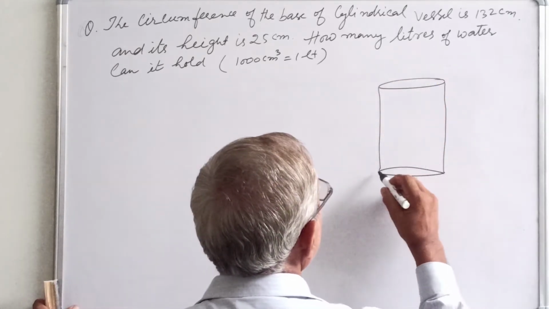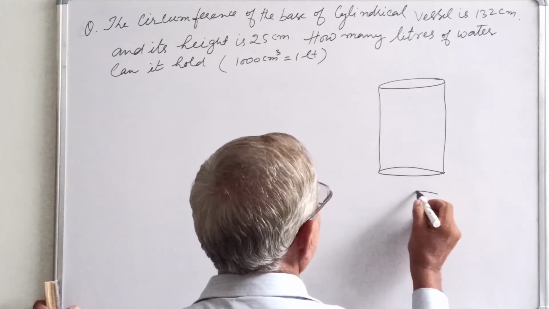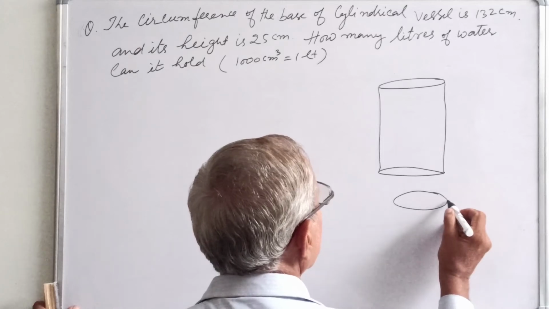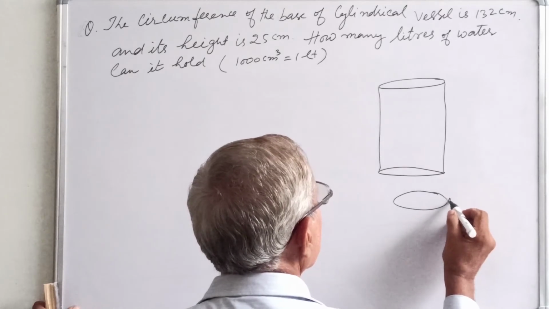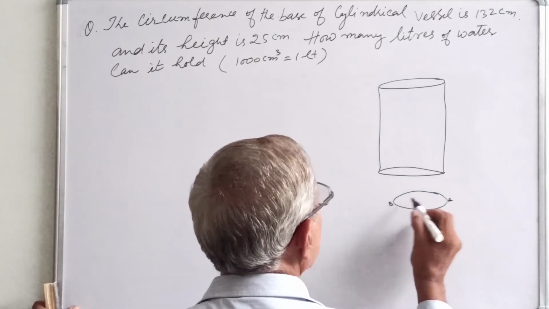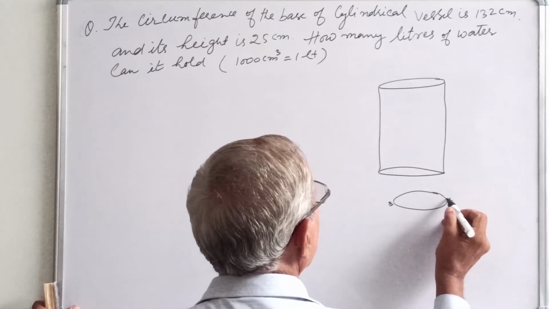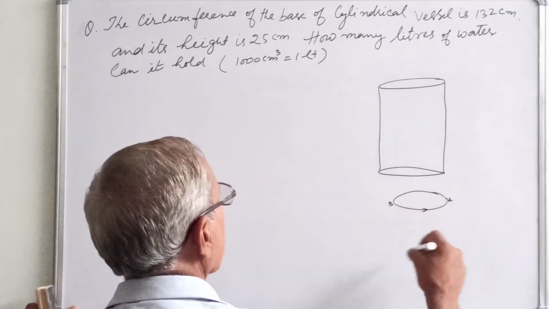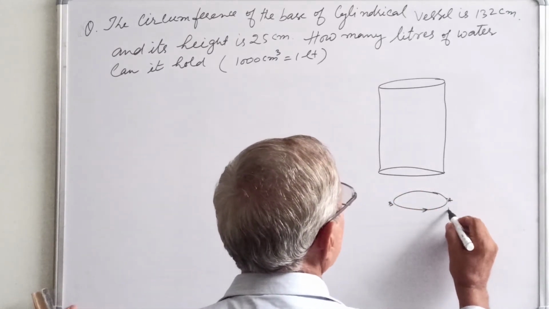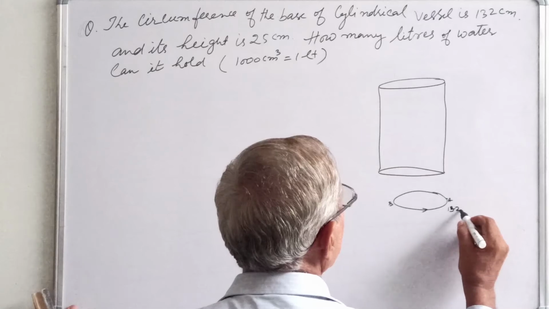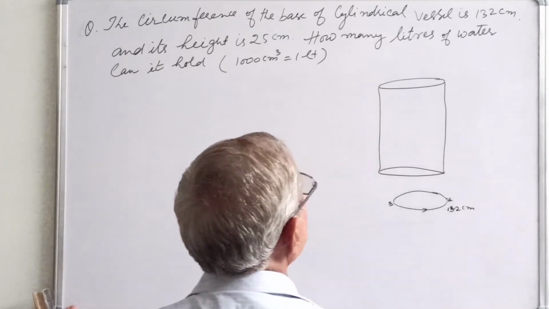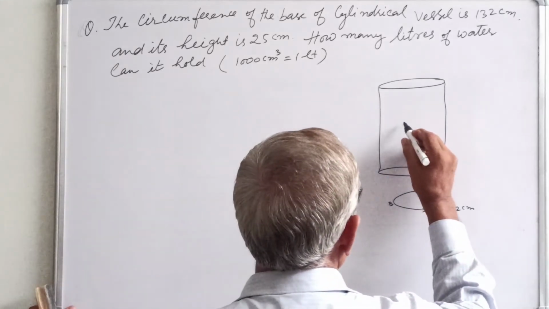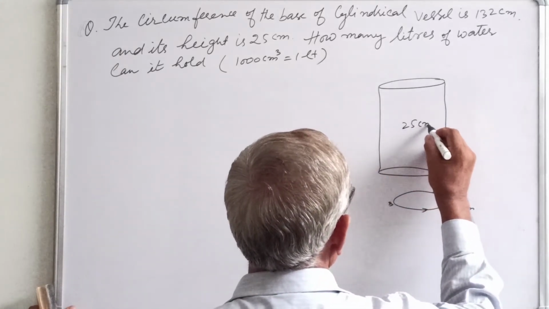The circumference, the total part starting from A and coming back to B, is 132 centimeter. Height is 25 centimeter.